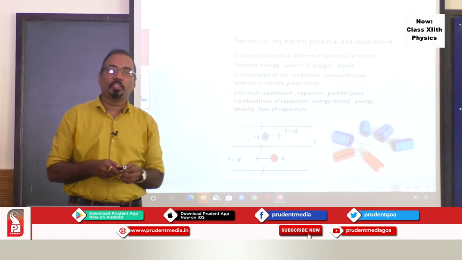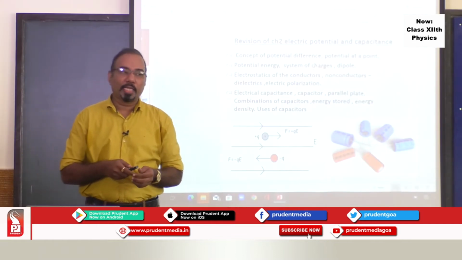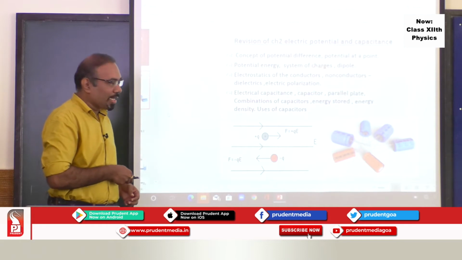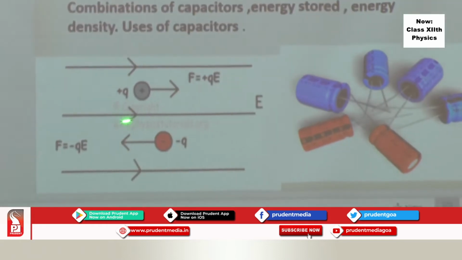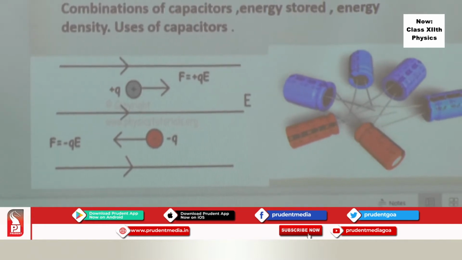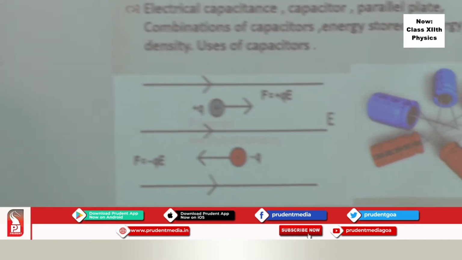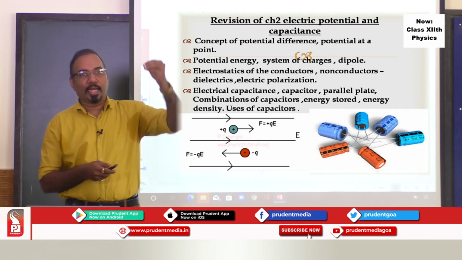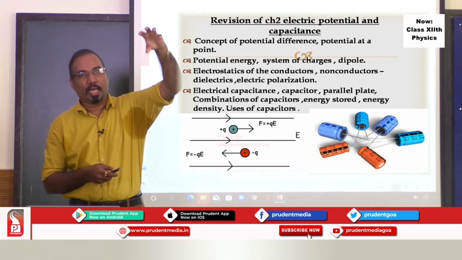Now a question will arise in your mind. We cannot make a negative charge move in the direction of the electric field, which is usually moving opposite to the field. A similar situation you will see in 11th standard. If you want to make an object go in the direction of gravity, just leave it from some height.